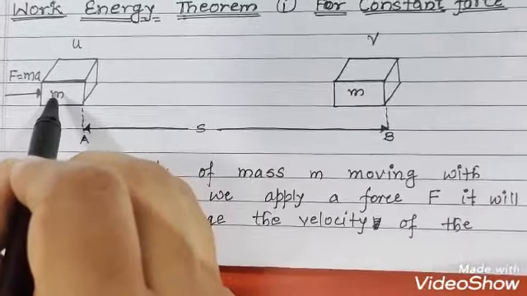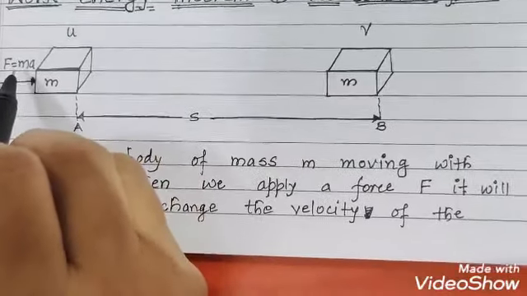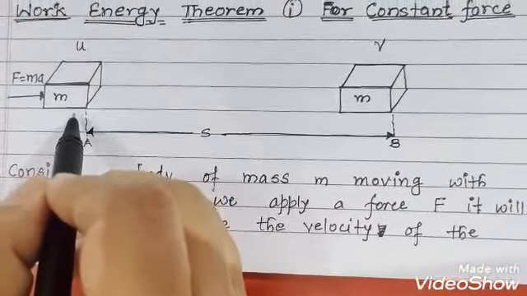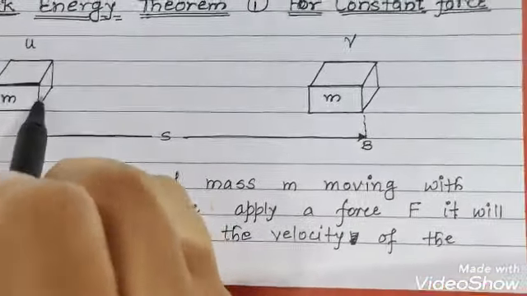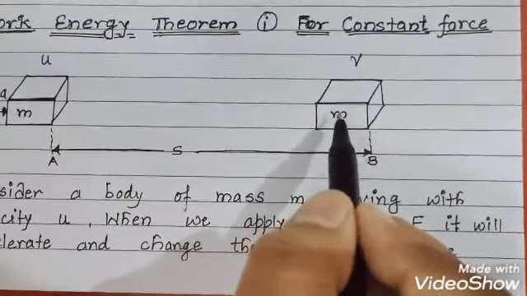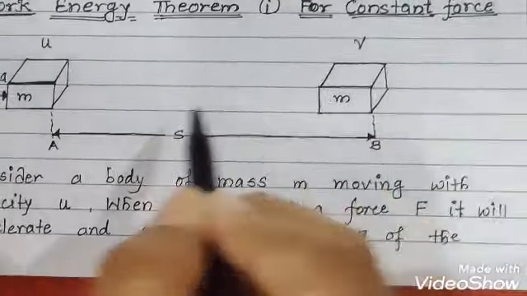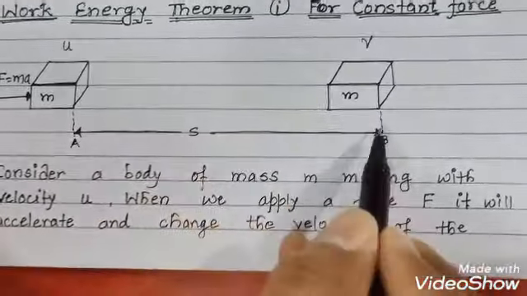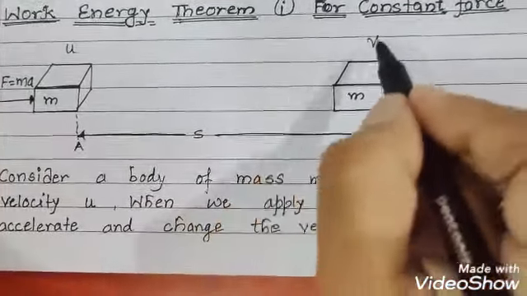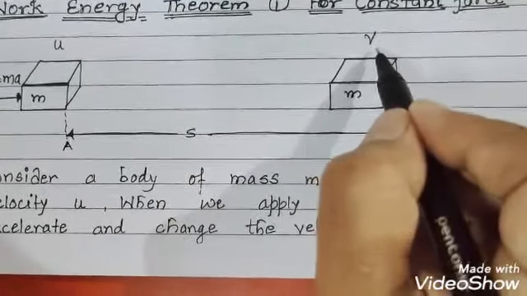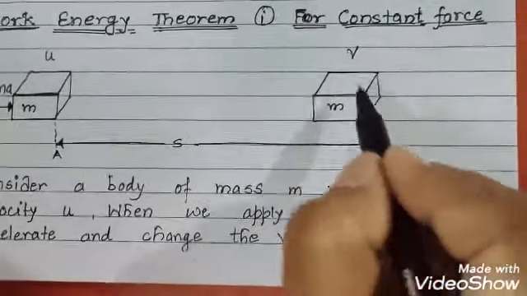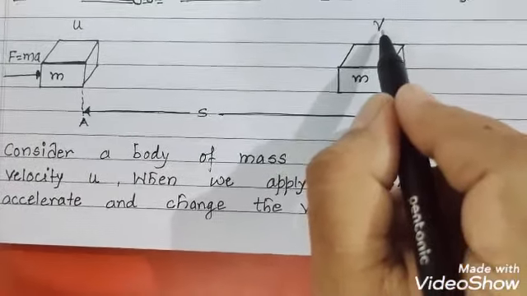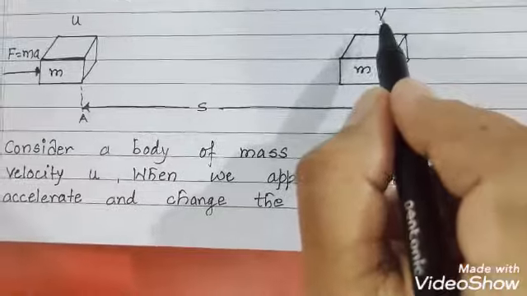So the force is ma, and due to this force the object is displaced in the same direction as the direction of the force. By s distance you can see the displacement, and after s displacement at point B, the object obtains final velocity v.